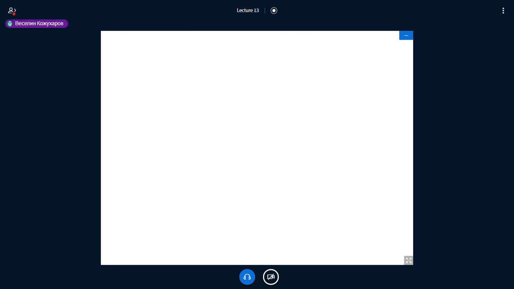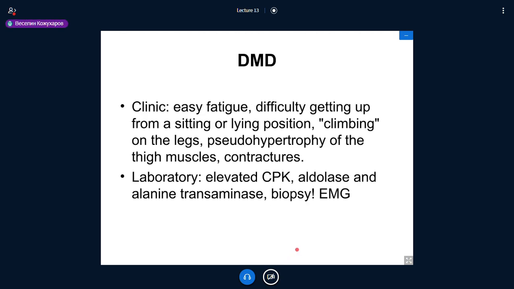It starts in early childhood, and it ends in puberty.